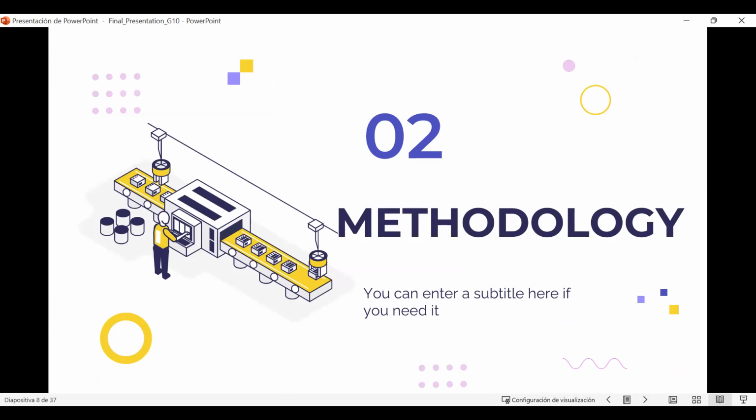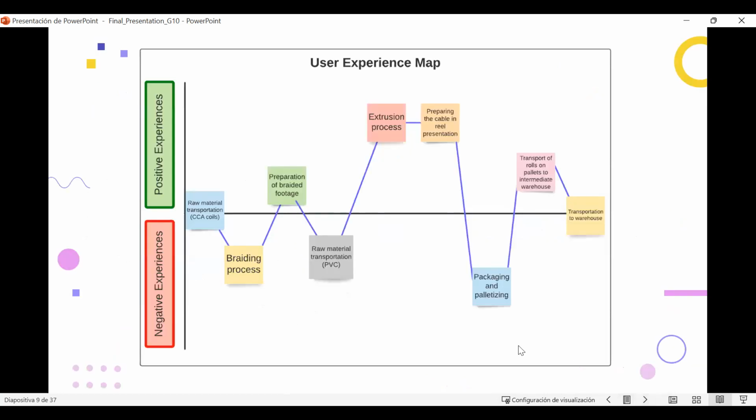The methodology is similar, but for the proper analysis of the information collected, three innovation techniques have been implemented.